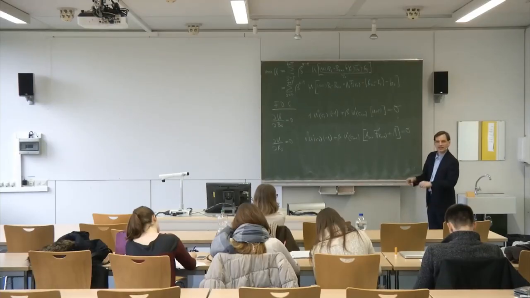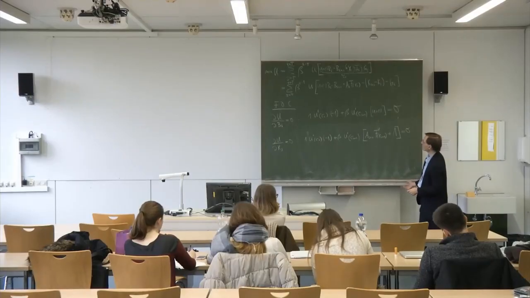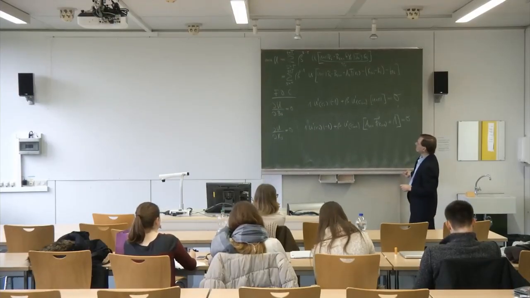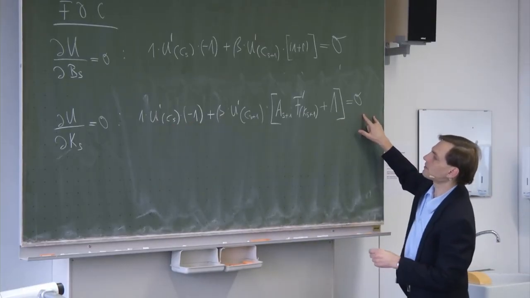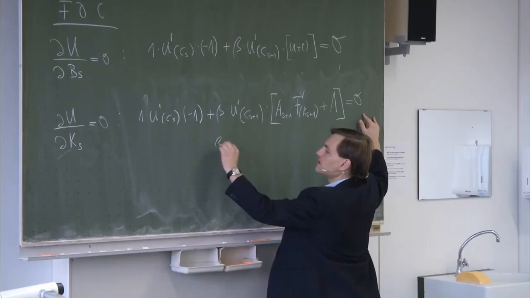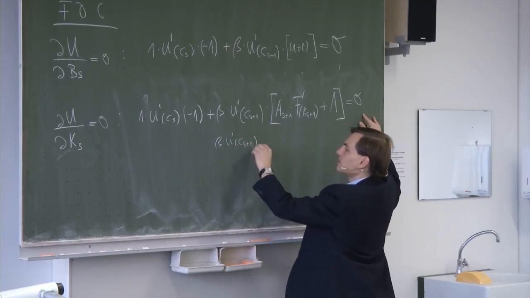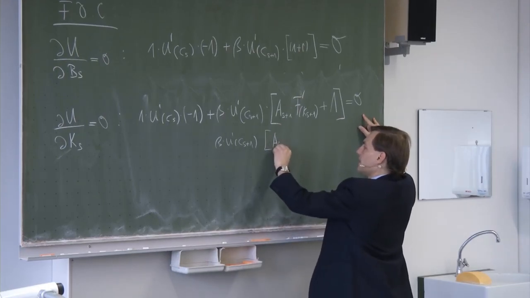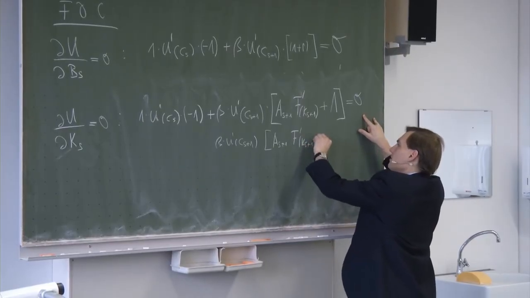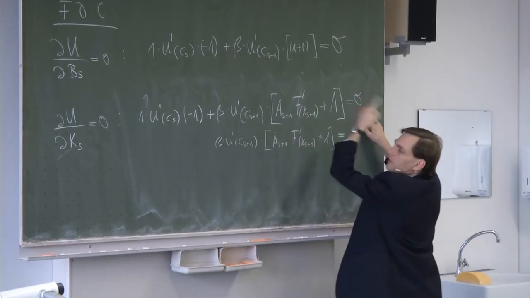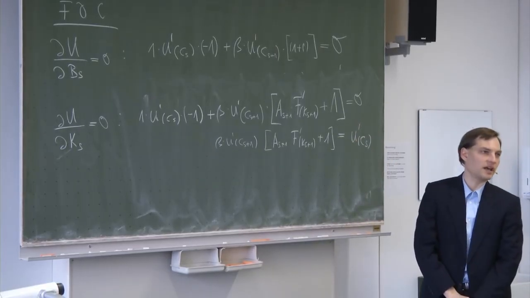And now, similar to the case we discussed earlier, we can rearrange this condition a little bit. To do this, let's move this on the other side. Then we have beta times the derivative of the utility function at s plus 1, times f prime of k s plus 1, plus 1, is equal to the derivative of consumption in period s.